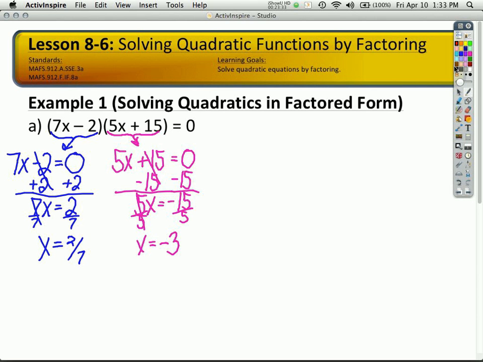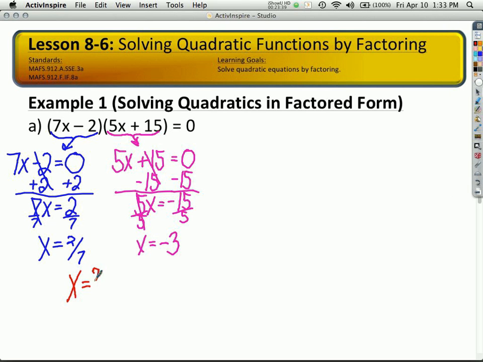So we get two solutions. X equals 2 sevenths, and x will also equal -3.